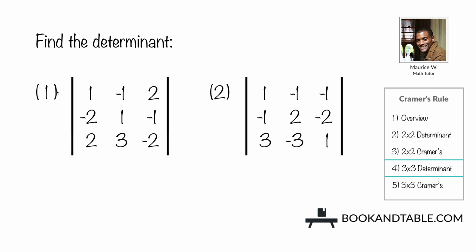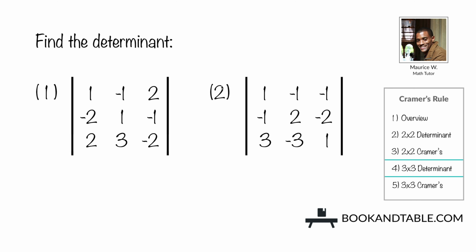Question number 1, find the determinant of this 3x3. Column 1 is 1, negative 2, positive 2. Column 2 is negative 1, positive 1, positive 3. And the third column is 2, negative 1, negative 2.